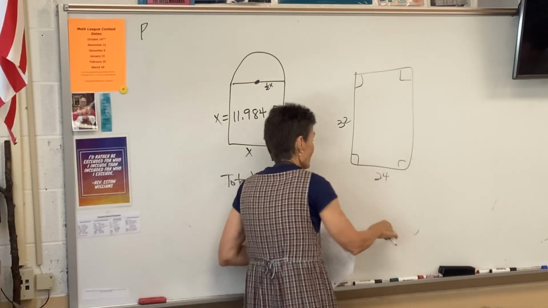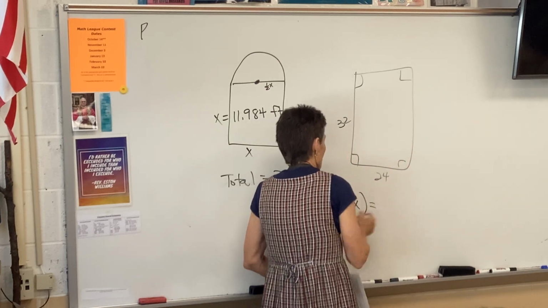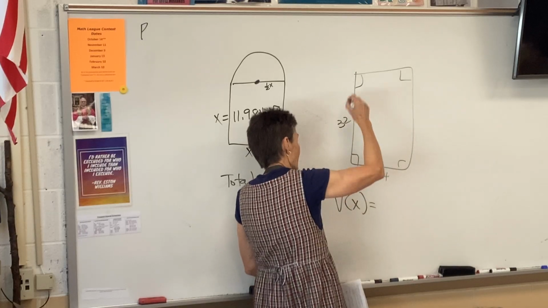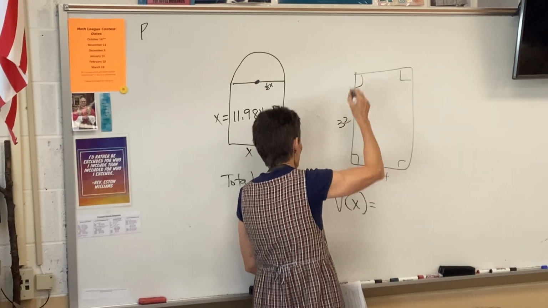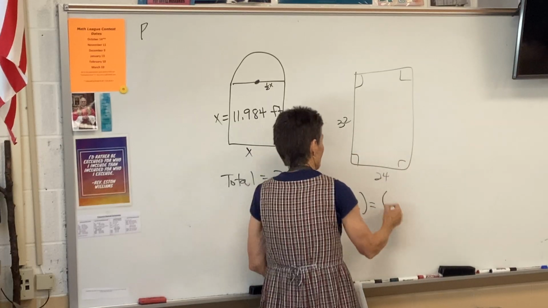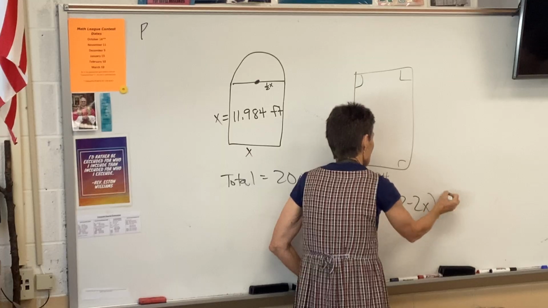So the first thing we have to do is write an expression for the volume. So what will the volume be? Well, what will the length of the box be? Not the paper. The paper's 32. But what will the length of the box be? 32 minus 2x.